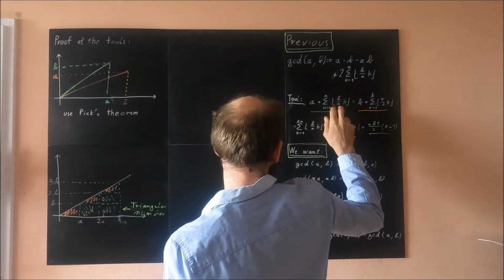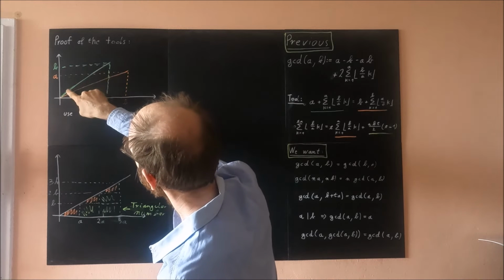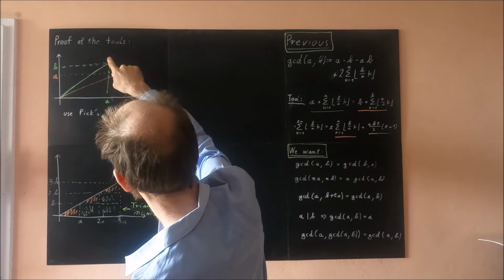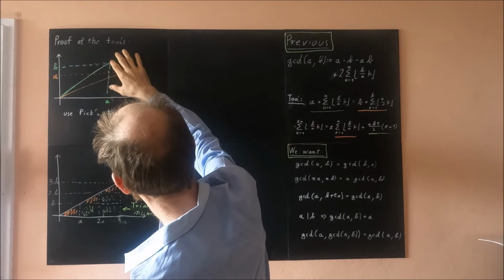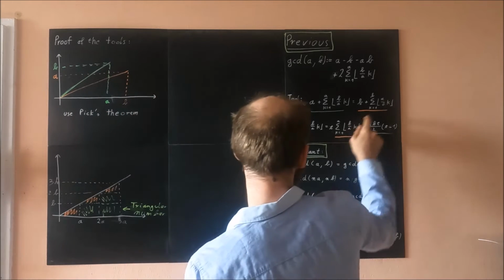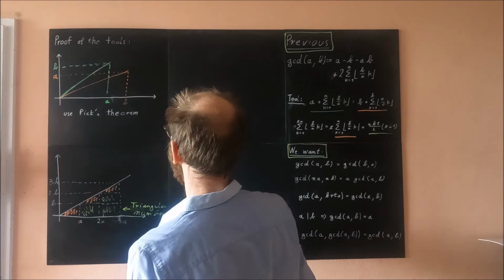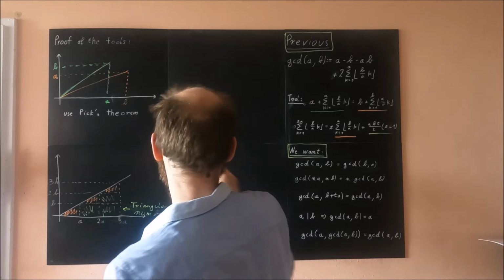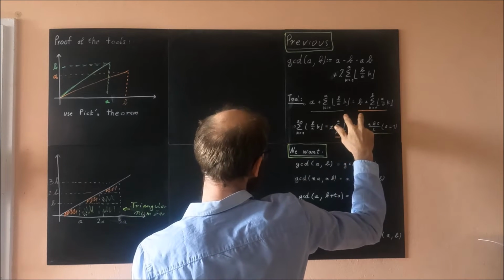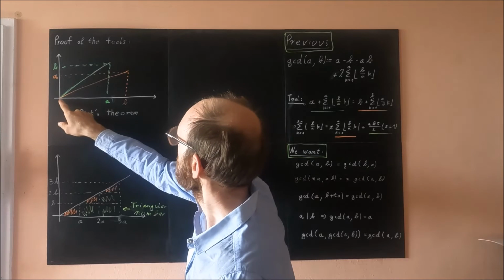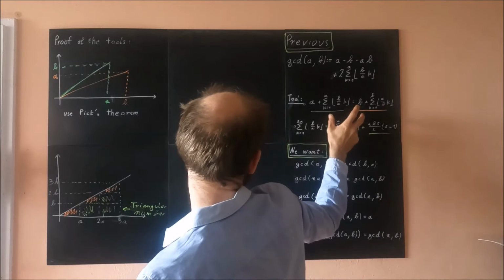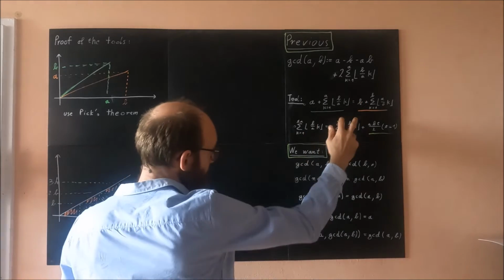And this sum is counting all the lattice points in this triangle, all of them on the hypotenuse and in the interior, except the bottom line. The same for the orange one. And now if you use Pick's theorem, you can easily show that these 2 sums are the same. Why? This green triangle and the orange triangle have the same area, and so this part follows.